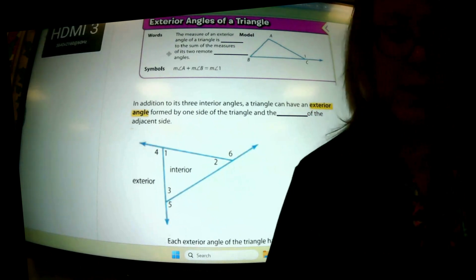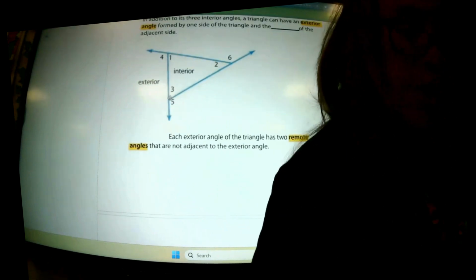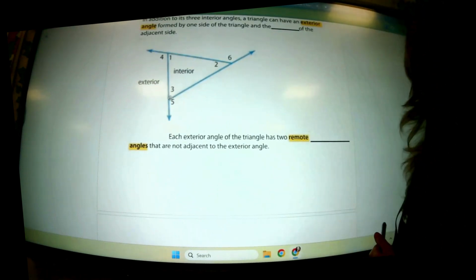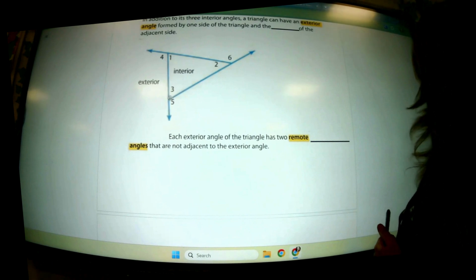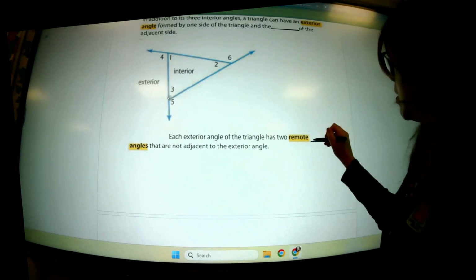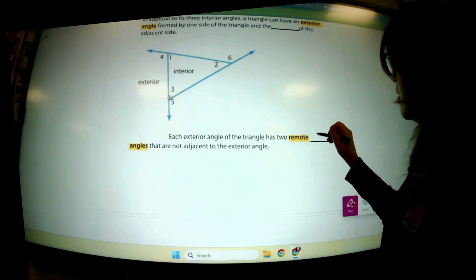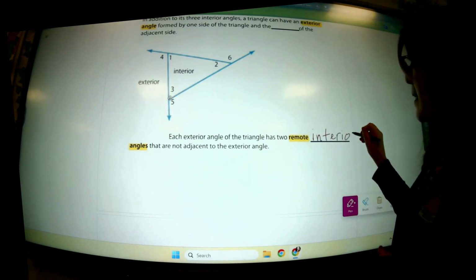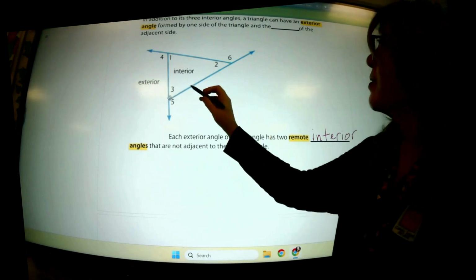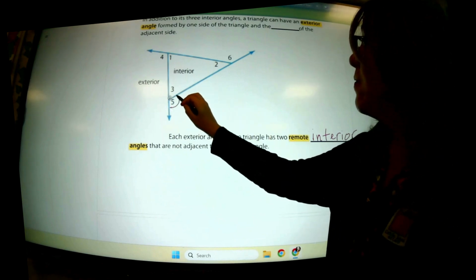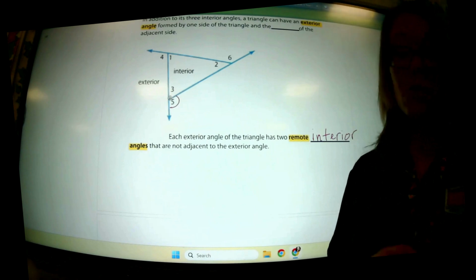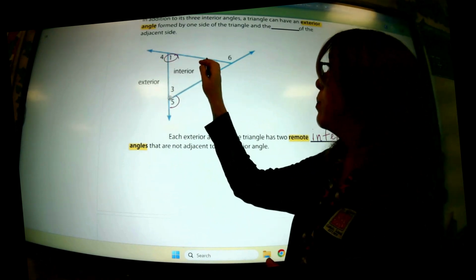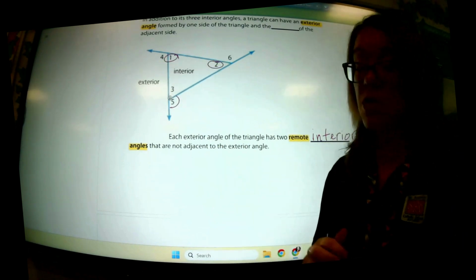All right, let's continue. So each exterior angle of the triangle has two remote interior angles that are not adjacent to the exterior angle, right? So if I'm looking at angle 5 here, my two remote interior angles would be angle 1 and 2.